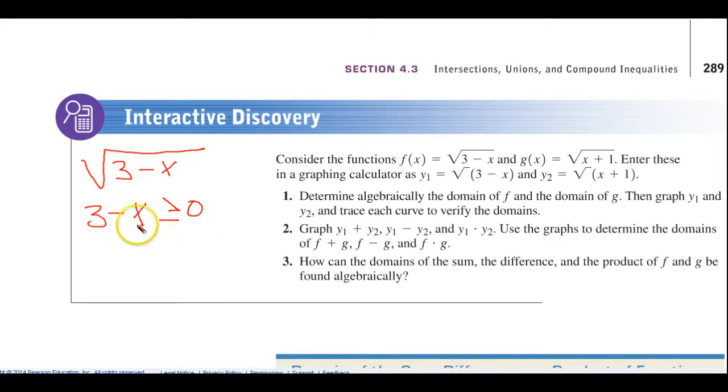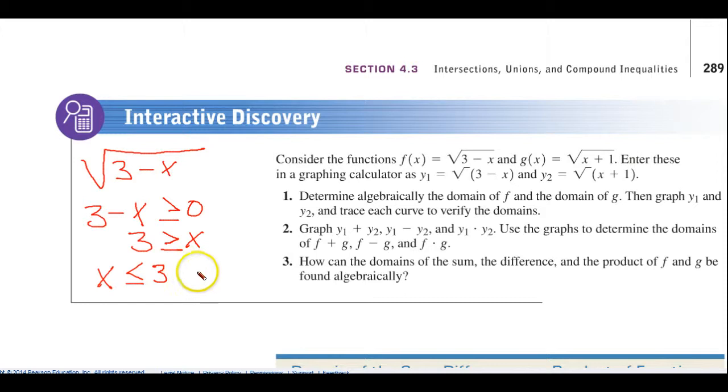So we just drop our x to the other side, and we get, let's put an x there instead of a 0. We're transposing the x, and that's our solution set. Now, if we write it this way, x is less than or equal to 3.